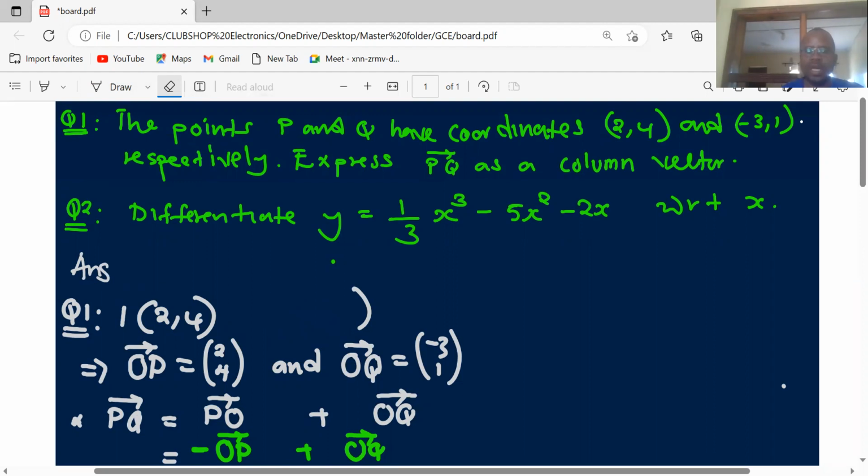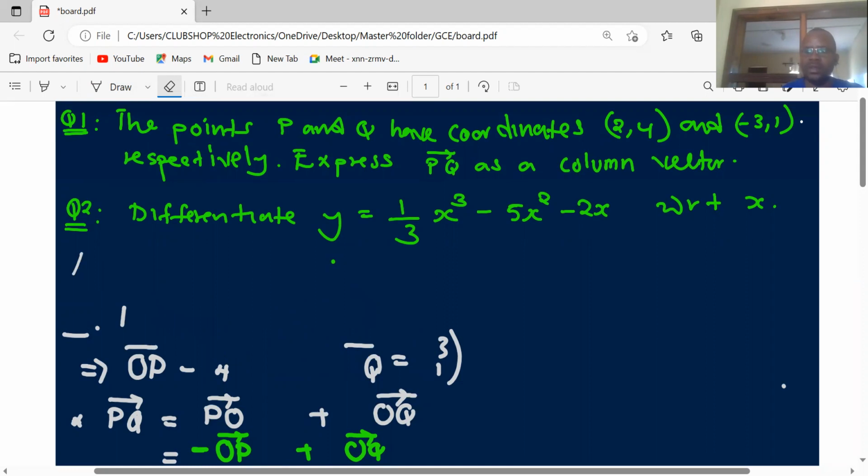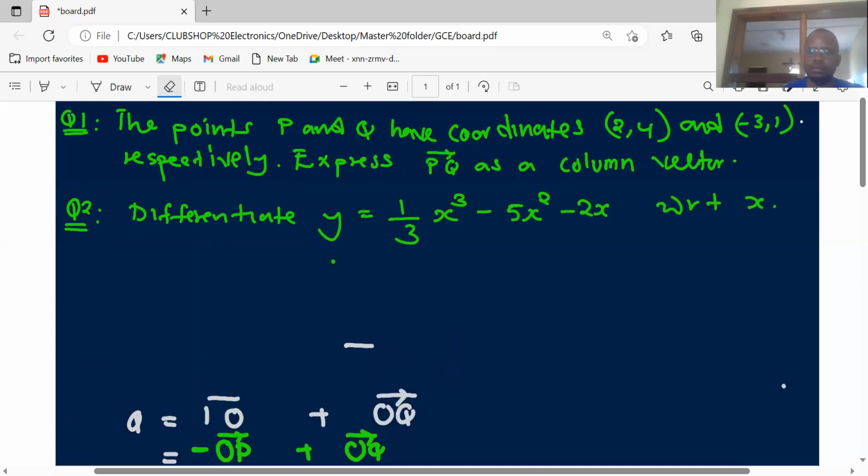Let's differentiate y with respect to x. WRT means with respect to x. With respect to x. So how do we do it?